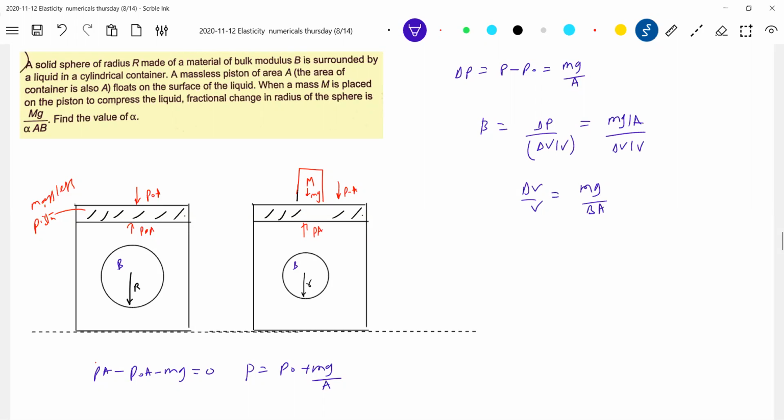So what is the volume of the sphere? 4 by 3 pi r cube. Let me differentiate this. Four by 3 pi times 3 r square delta r.